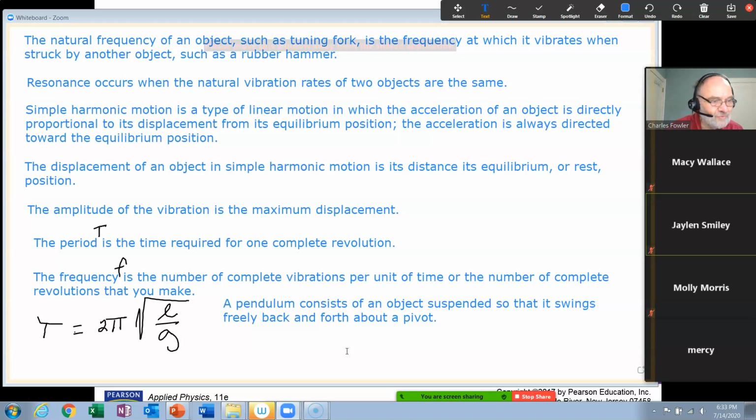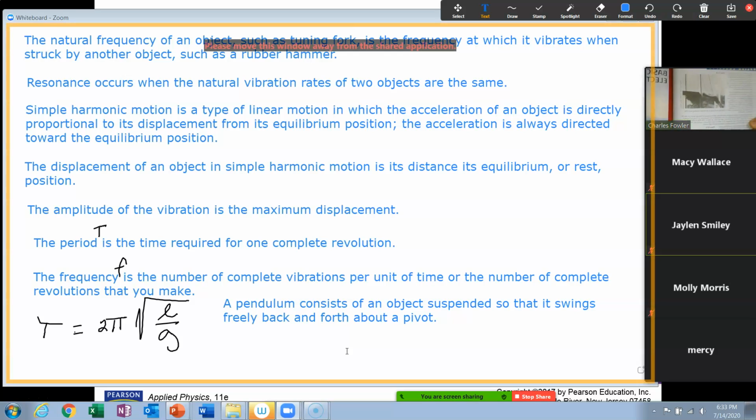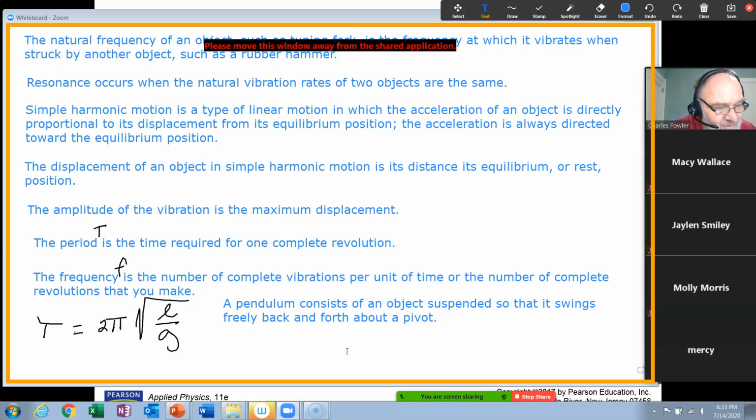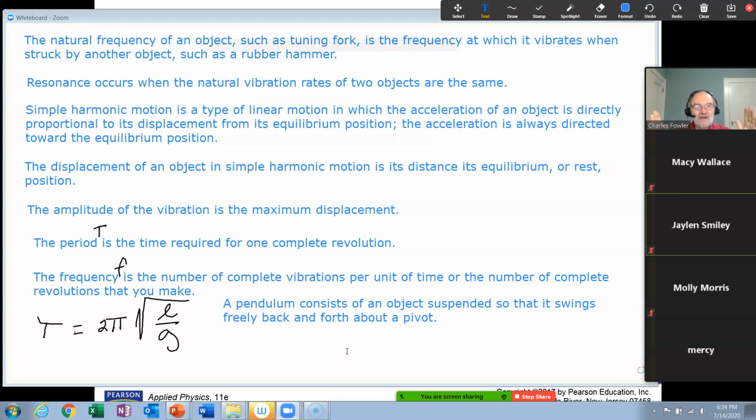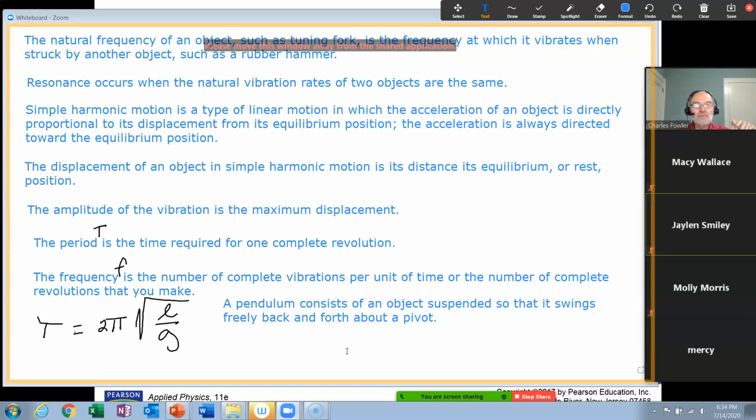So there is a really interesting example of resonance that we talked about before, and this actually occurred. A bridge was built in the Tacoma Narrows, which is near Portland, Oregon, I think it is, the Tacoma Narrows Bridge across the Puget Sound in Washington, not Oregon, but Washington, but it's pretty close. And it happened to be the natural frequency of that bridge was the same as the prevailing frequency of the wind.